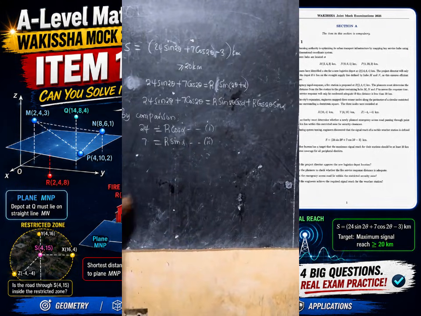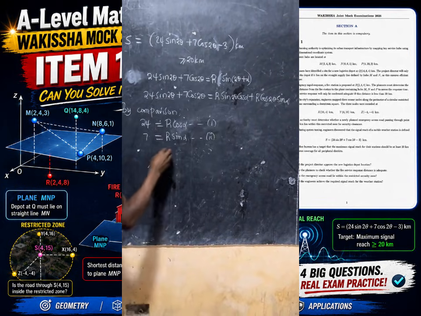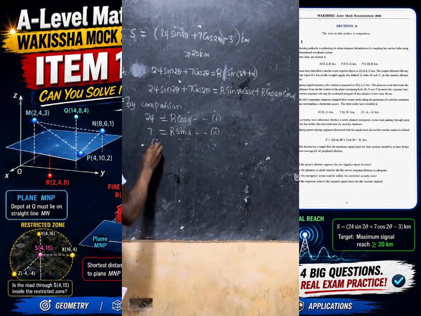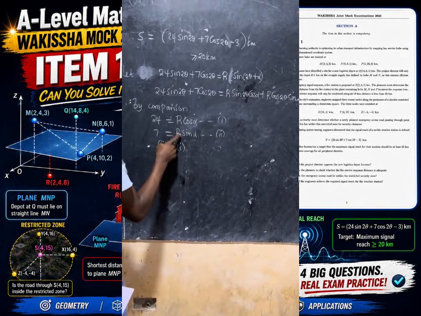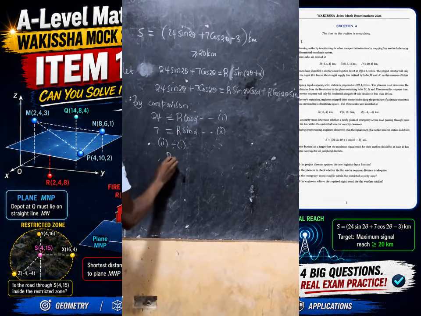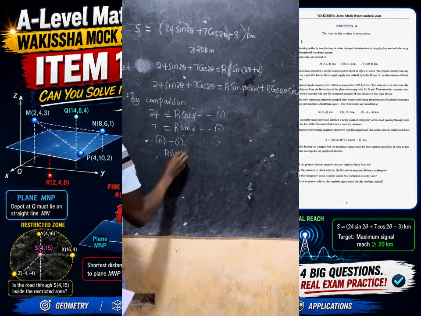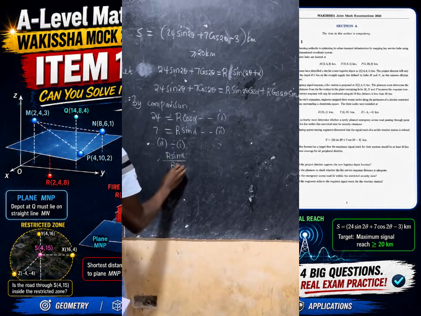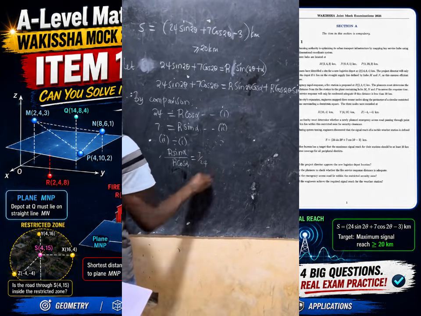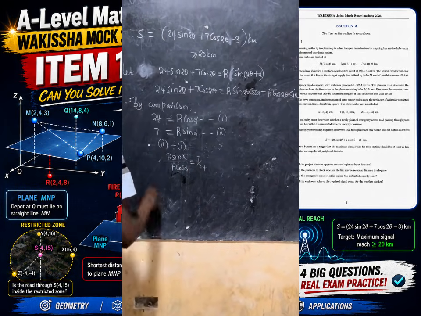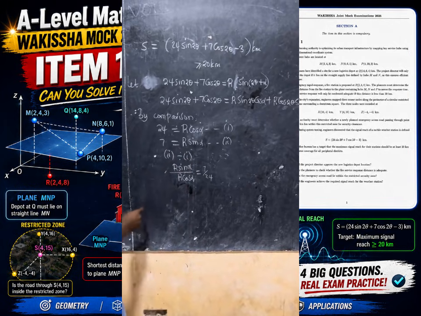Then because I need to get that alpha, I'll say equation 2 divided by equation 1, and this is going to be R sine alpha over R cos alpha is equal to 7 over 24. Why don't you say equation 1 divided by equation 2?